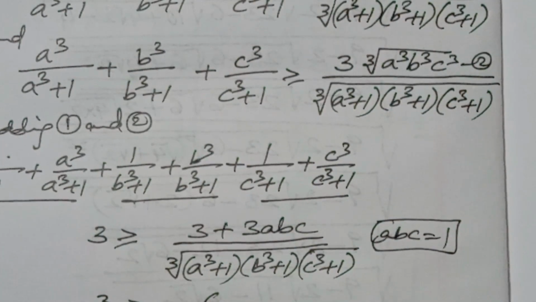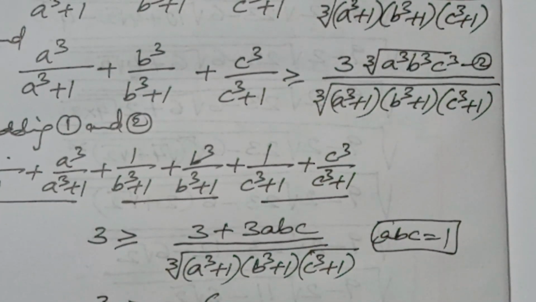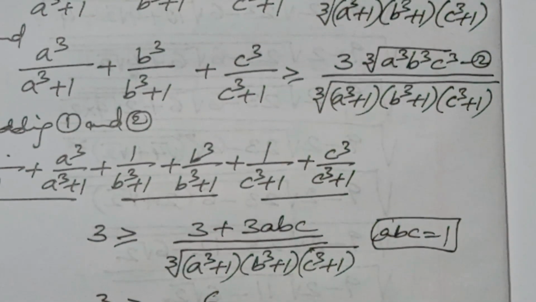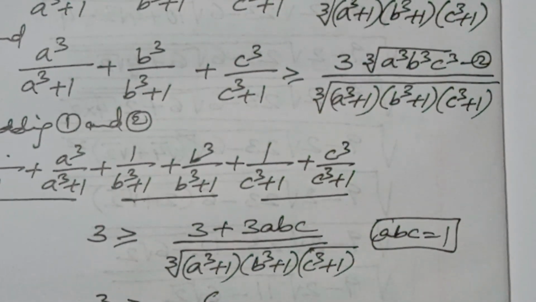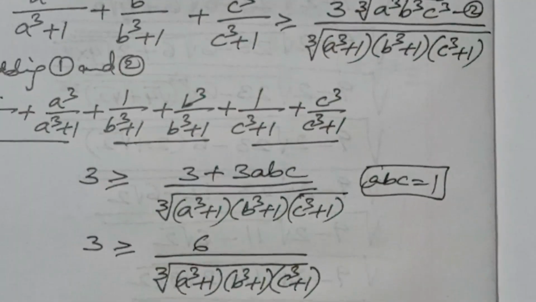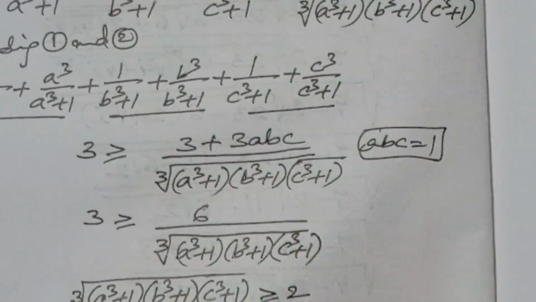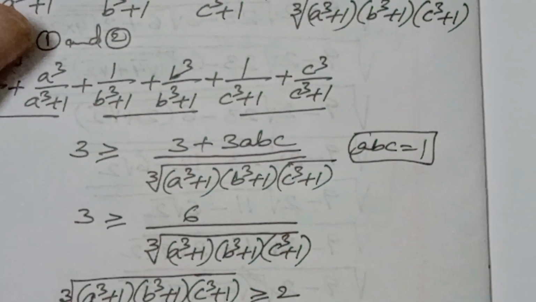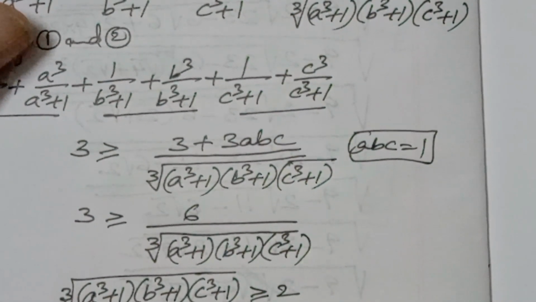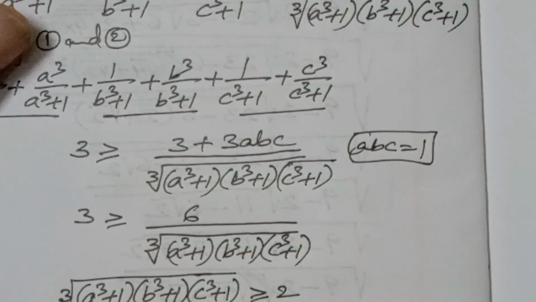Now cross multiply: the cube root of a cube plus 1 into b cube plus 1 into c cube plus 1 is greater than or equal to 2. Therefore, a cube plus 1 into b cube plus 1 into c cube plus 1 is greater than or equal to 8.